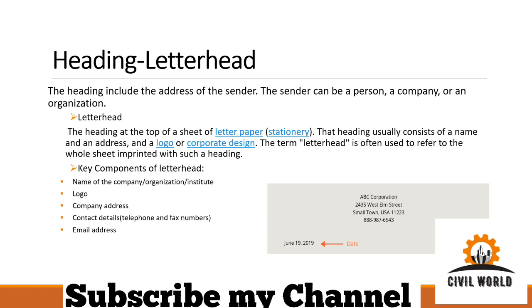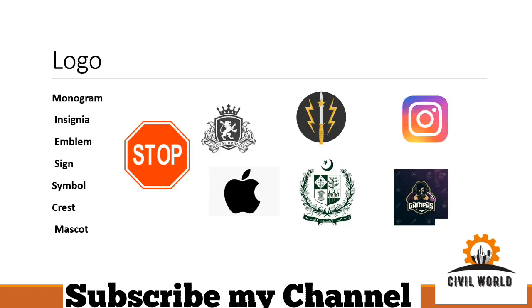So the letterhead is a sheet of paper on which the address is already typed. Next, these are the examples of logos. You have monograms, insignias, emblems, signs, symbols, crests, and mascots.